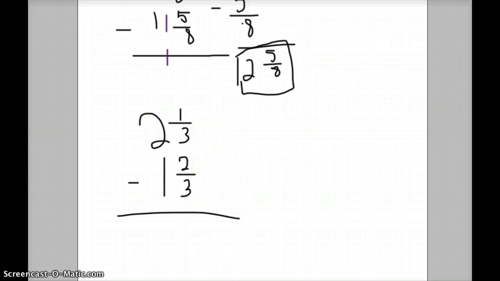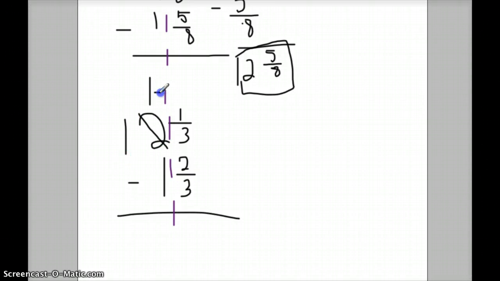Now, remember, it's kind of like we have this imaginary line. Okay, so I have my fractions that I have to subtract. I already know that 1/3 is less than 2/3, so I have to borrow from my 2.